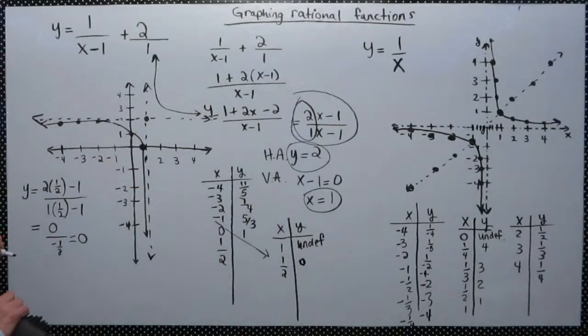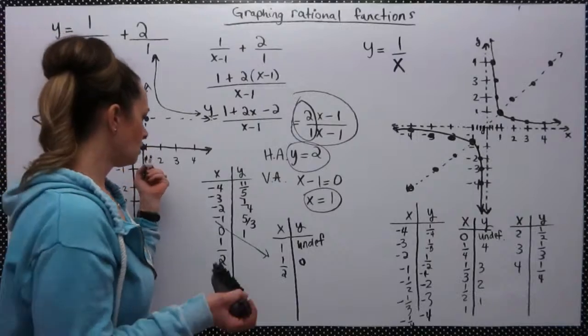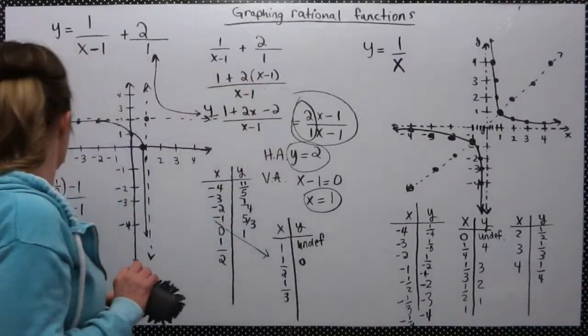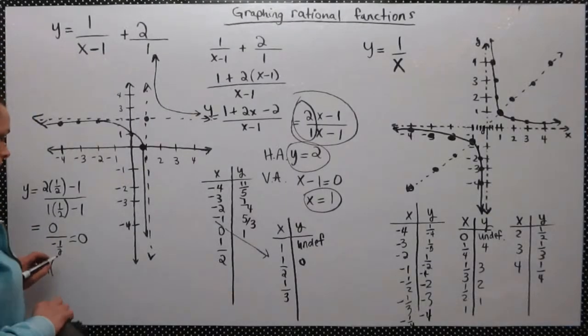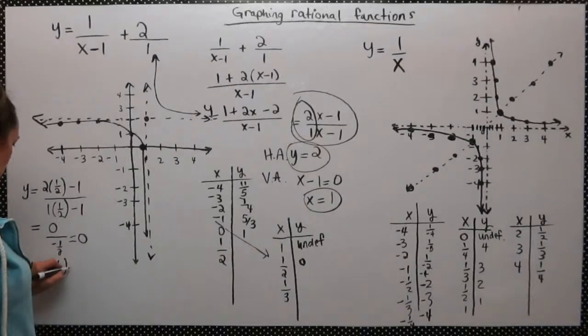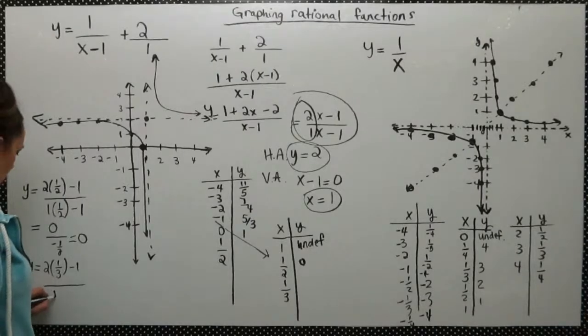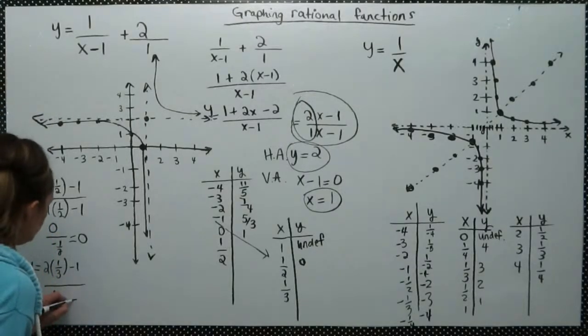So, and then let's go ahead and do, well, how about a fourth, 1/4. We'll do a third and then a fourth. So we've got y equals 2 times 1/3 minus 1 over, that's just x, so that's going to be 1/3 minus 1.